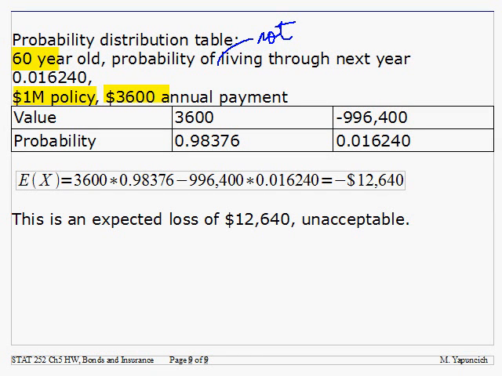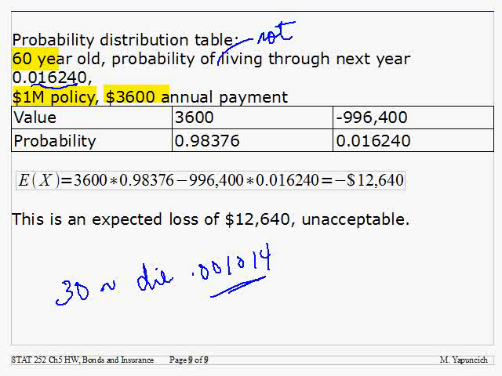In other words, about a 1.6% chance that a 60-year-old will die. Remember, for a 30-year-old, the probability of death was 0.001014. Both look like pretty small numbers, but this is going to make a big difference.